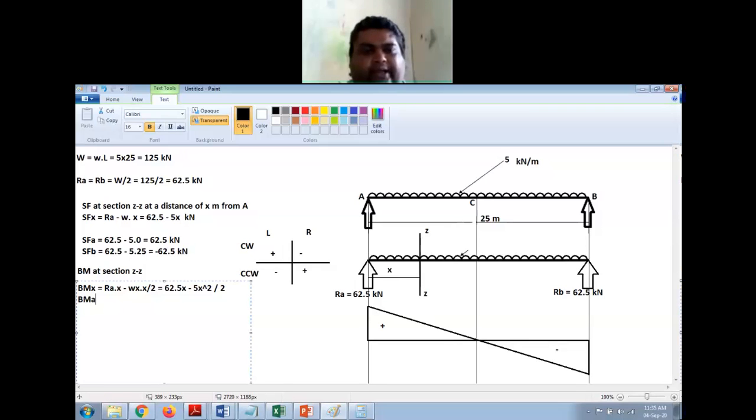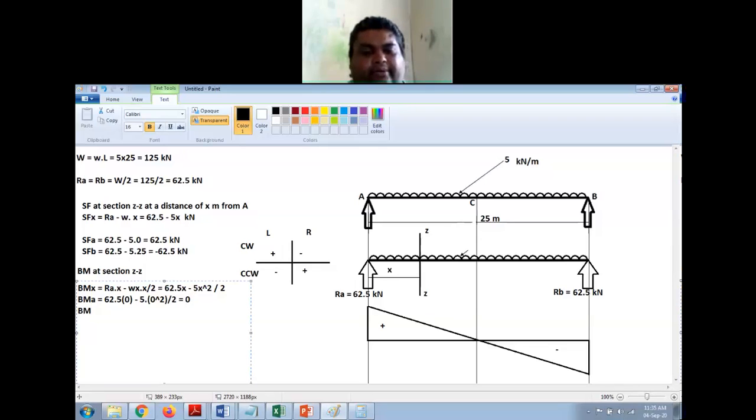So BM at A is equal to, I have to put x is equal to 0 in this expression, right? So 62.5 into 0 minus 5 into 0 square by 2. So this will become 0. The bending moment at A will become 0.